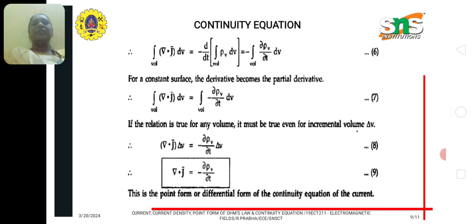So here rho v is volume charge density, J is the current density. So the divergence of current density is equal to the negative rate of change of volume charge density. That is, del dot J vector is equal to minus dou rho v by dou t, and this is called the point form or differential form of the continuity equation of the current.